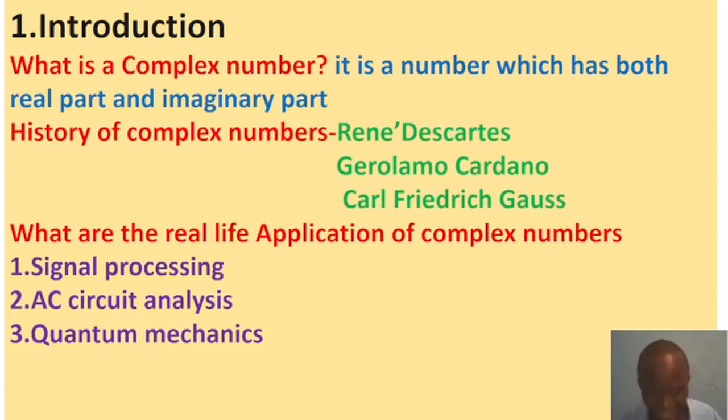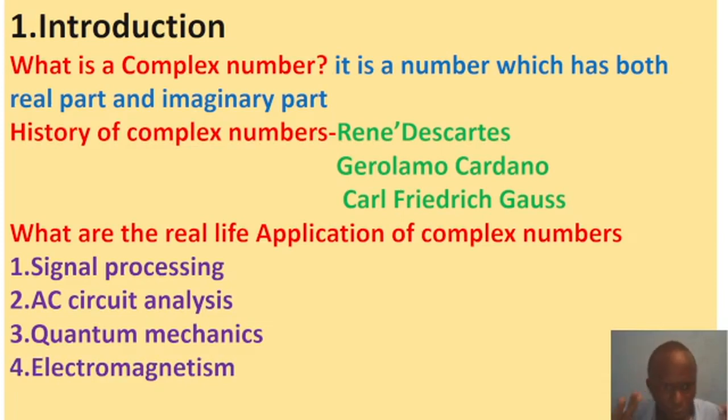In quantum mechanics, though in the beginning when the concept of quantum mechanics was born, complex numbers were not regarded, as time went by it became important to involve complex numbers because, for example, in the Schrödinger equation, complex numbers are used.